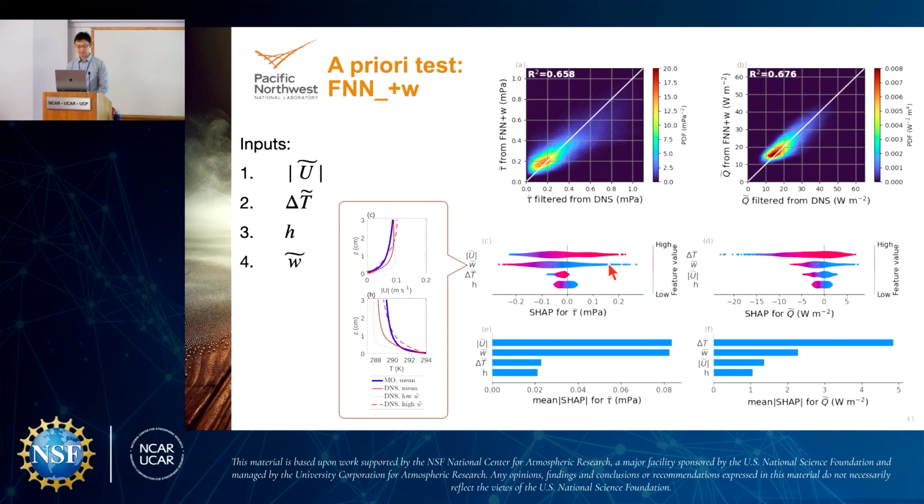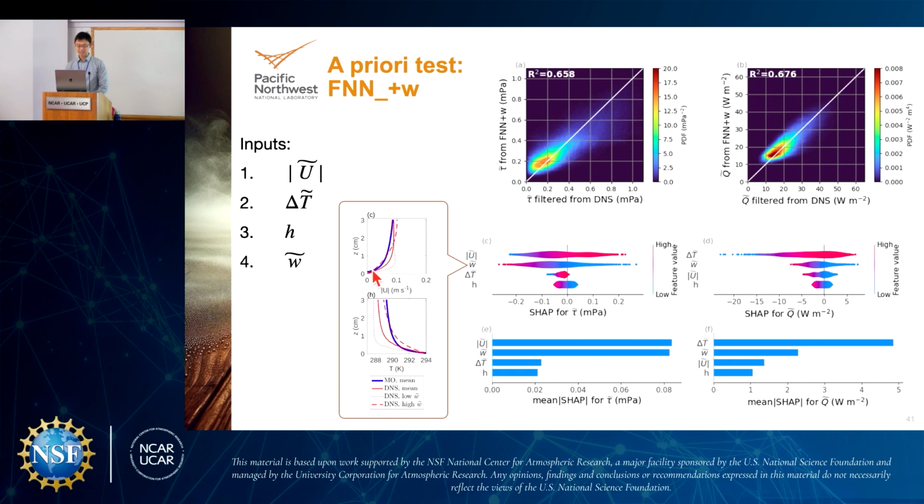And if we take the vertical profiles near the surface, this is the vertical profile of the wind speed, and this is the vertical profile of the temperature. The dotted line shows that when there is a downdraft, it compresses the wind speed profile and temperature profile toward the surface.